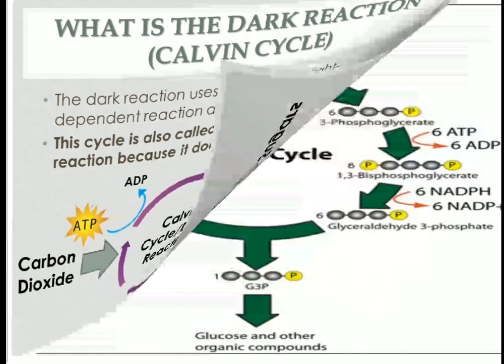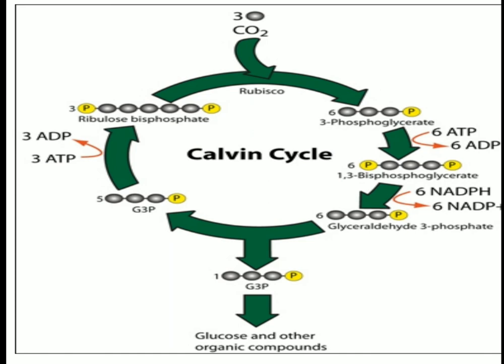Now let me mention here that the studies were unexpectedly done, and they showed that the acceptor molecule is the 5-carbon ketose sugar ribulose bisphosphate. They had believed that since the first product was a C3 acid, the primary acceptor would be a 2-carbon compound, but ultimately ribulose bisphosphate was identified as the first compound.